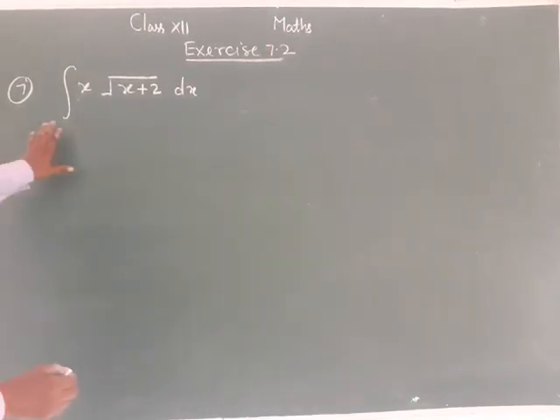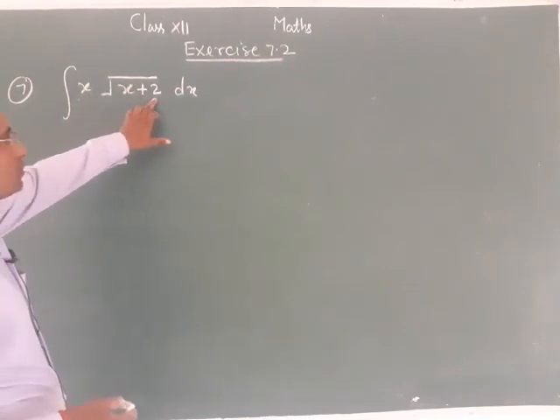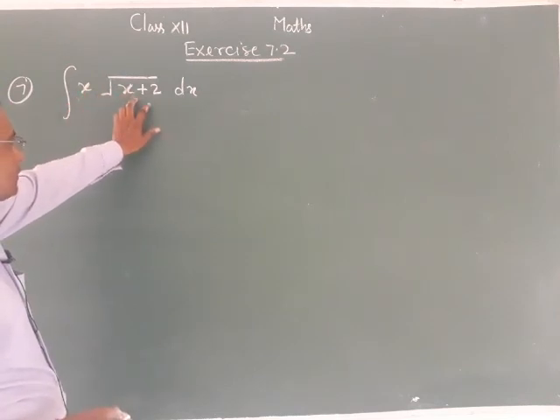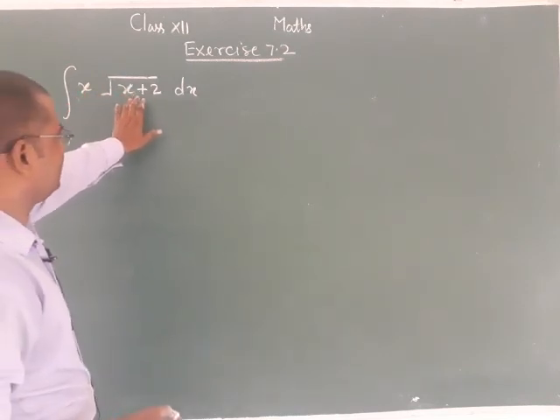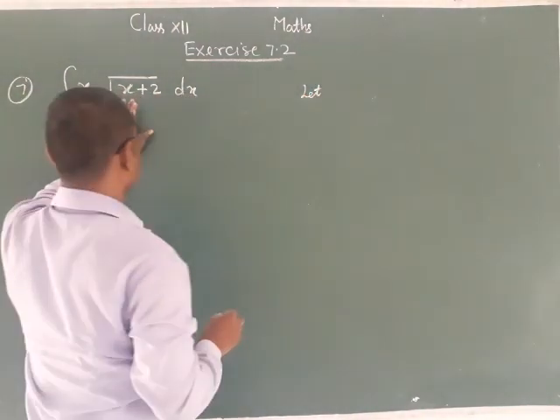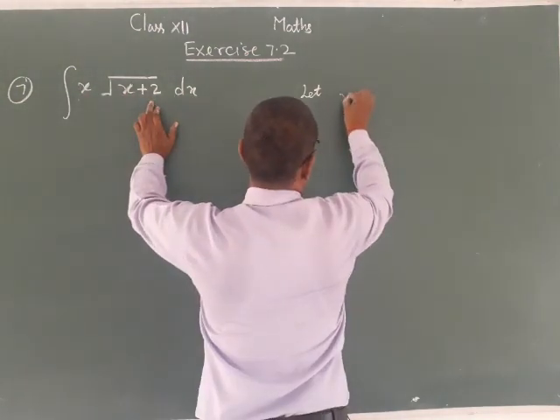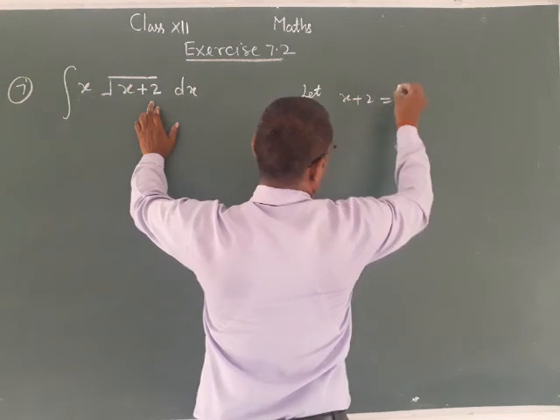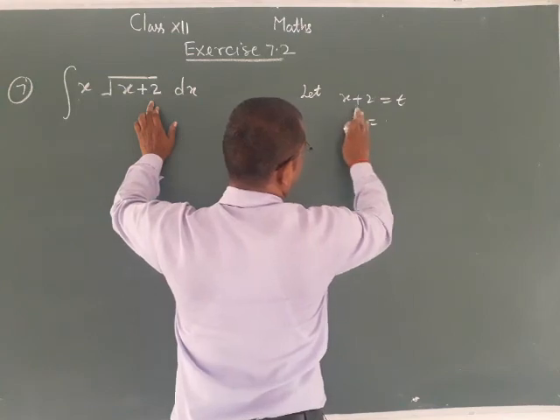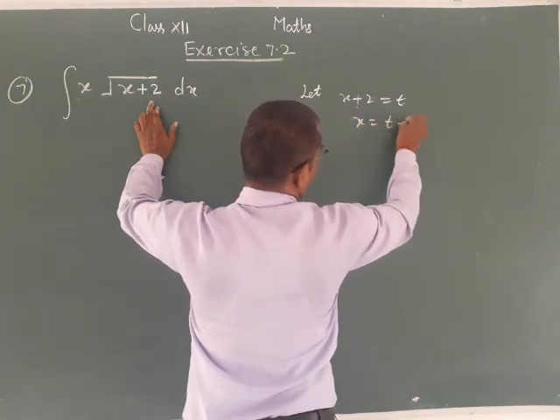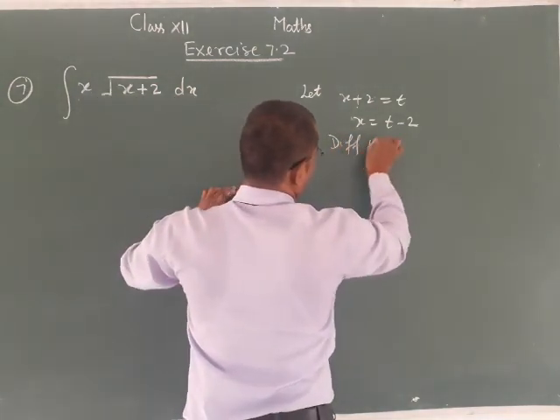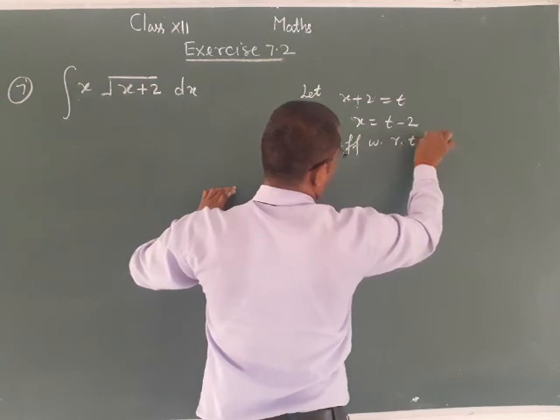Question number 7, integral of x root(x plus 2) dx. This is not the derivative of this function, so change by substitution: let x plus 2 be equal to t. We can also write x is equal to t minus 2, and differentiate with respect to x.